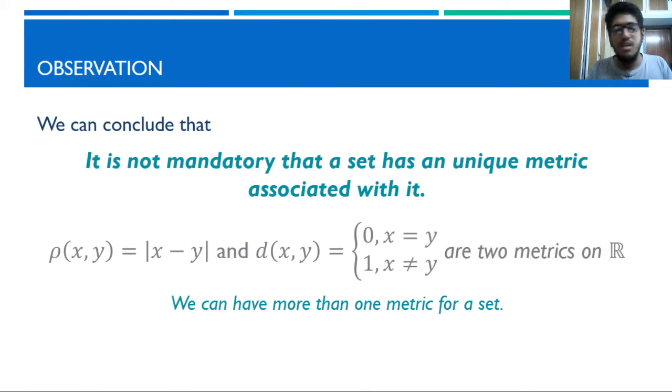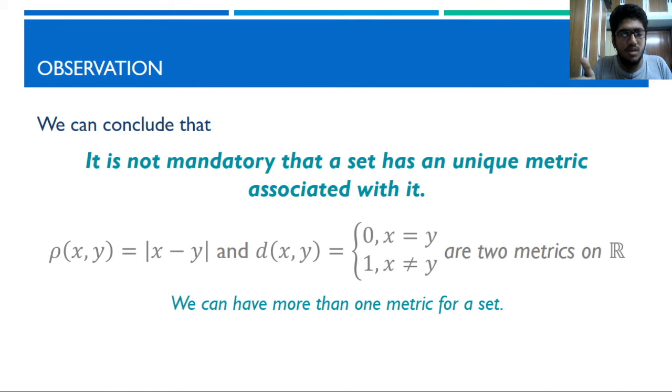Anyway, let's make some observations from what we have observed so far. We notice that on the set R of real numbers, we have defined two metrics. One is the absolute value metric and another is the discrete metric.